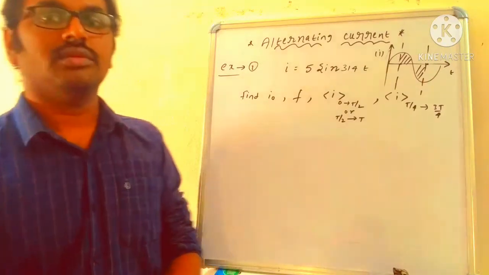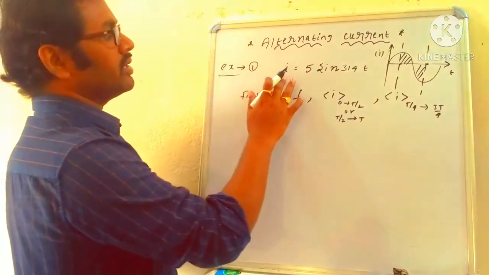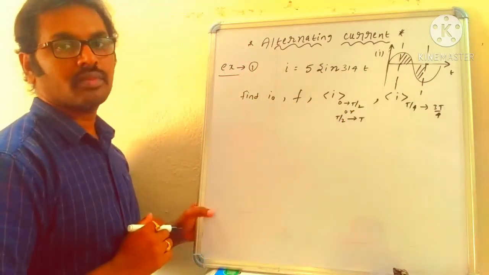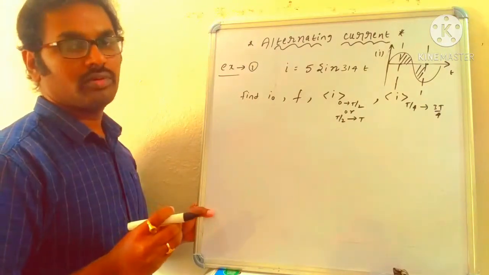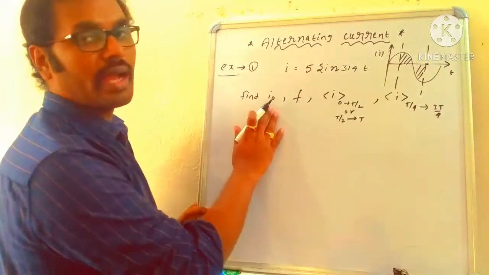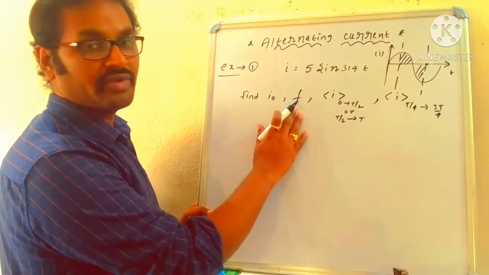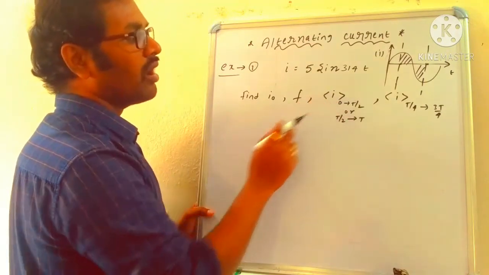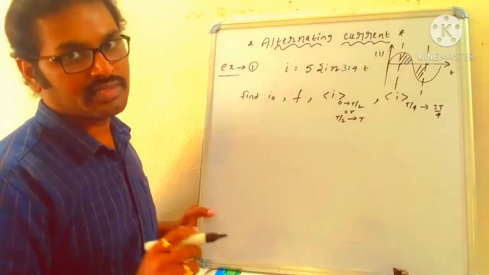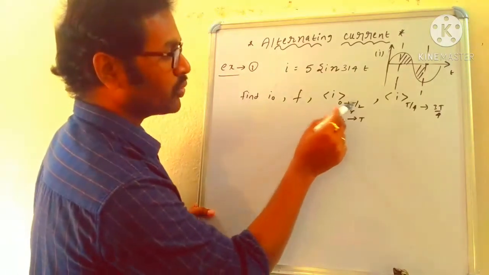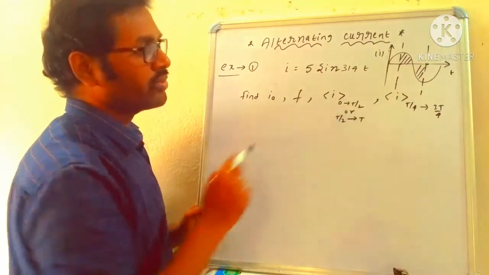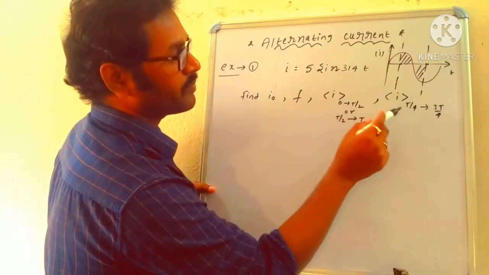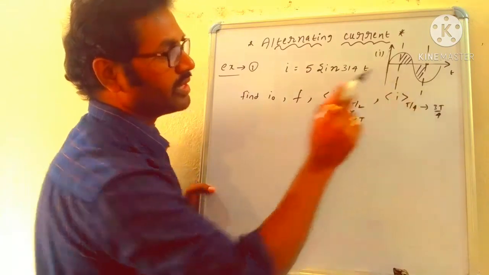Let us see one example related to the average current, how to find the average current. The current is given as 5 sine 314 t, and we need to find a few parameters. One is the peak value of the current, second is the frequency, and third is the average current for the half cycle. Half cycle means we can take 0 to T by 2, or T by 2 to T, or else T by 4 to 3T by 4.